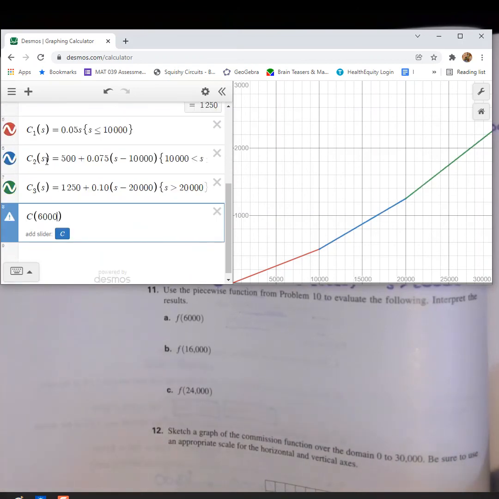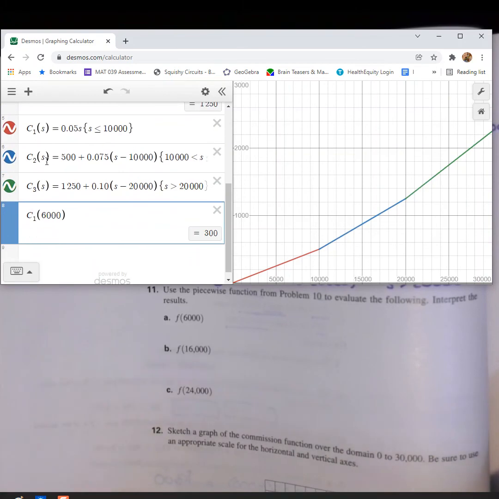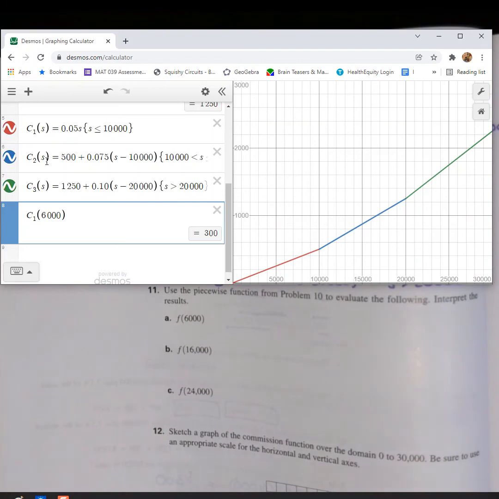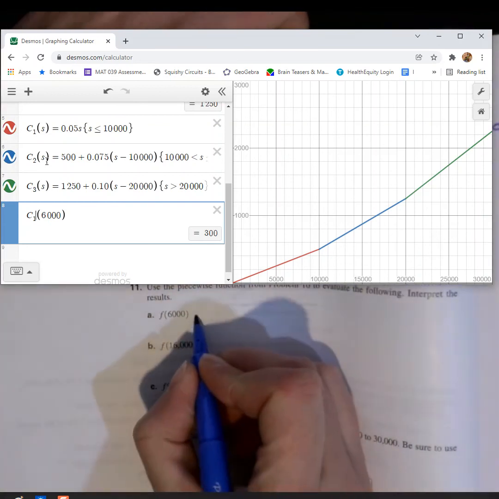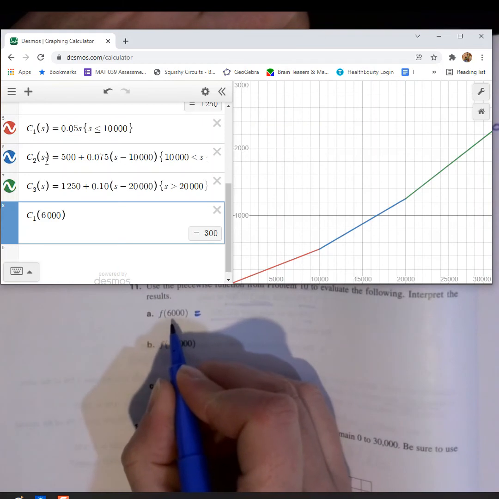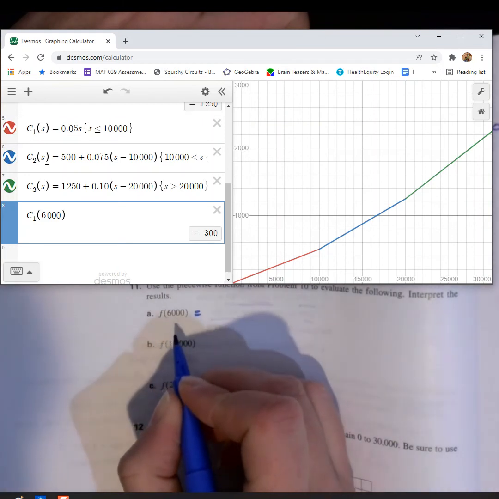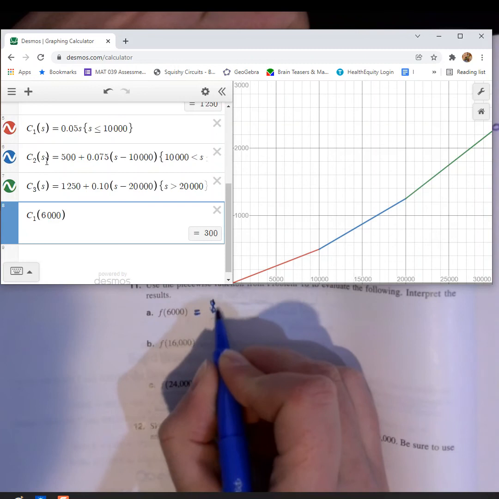And so I can tell it which function to plug the value into. That's the only way for me to be able to use function evaluation. When I have the same function name used more than once, it will not be able to use function evaluation. But I can get it to evaluate by just naming them something slightly different. So C1, C2, C3. So I can evaluate 6,000 into the first function. We're going to make $300.